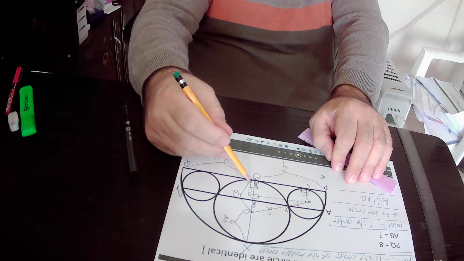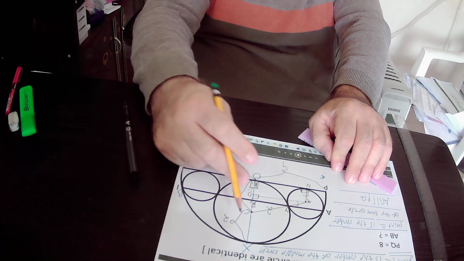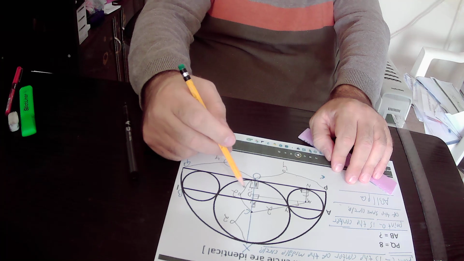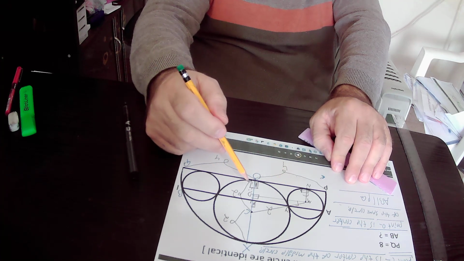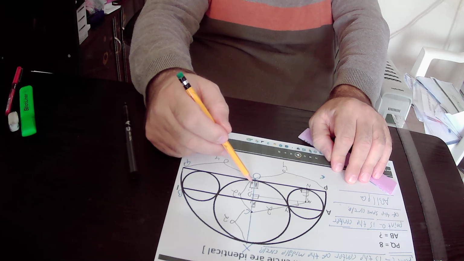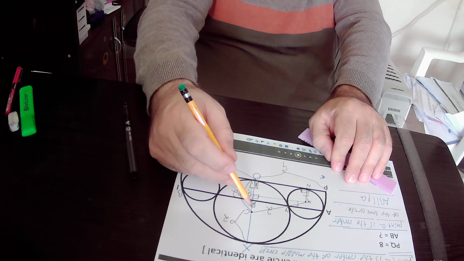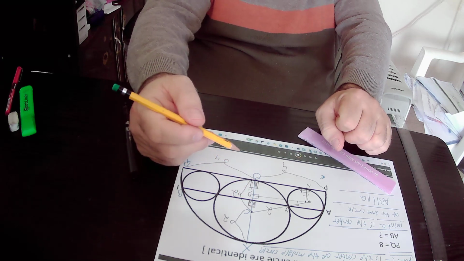So this angle that is the right angle will be equal to this angle, because they are corresponding angles located between the parallel lines AB and PQ. Therefore, they are equal to each other. But we know that this angle is 90 degrees, so this angle will also be 90 degrees because those two angles are equal to each other. Okay?